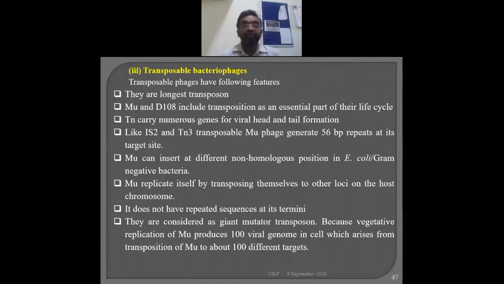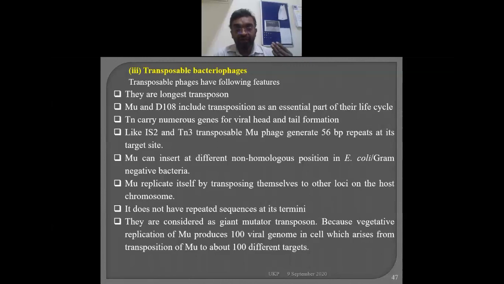Hence you will find that the viral head or tail protein coding genes are continuously changing their site, and that is not applicable to all bacteriophages. Only a few bacteriophages like Mu and D108, and hence a whole bacteriophage is changing. You can imagine that in the case of a composite transposon, only the antibiotic resistance gene is there.